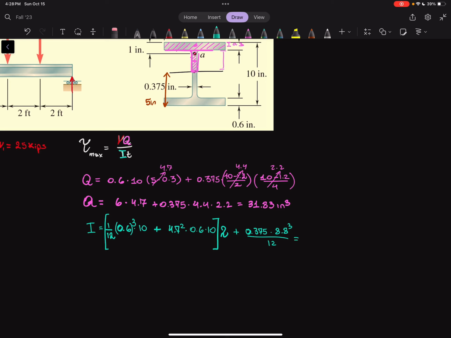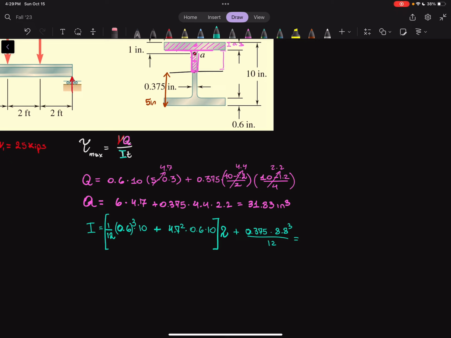So this should do it. I tend to always make a mistake on this one. So, open parenthesis, 1 over 12 times 0.6 to the third times 10 plus 4.7 squared times 0.6 times 10, times 2, plus 0.375 times 8.8 to the third, divided by 12.